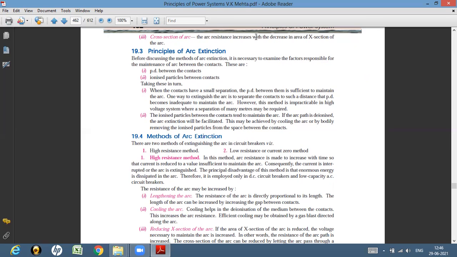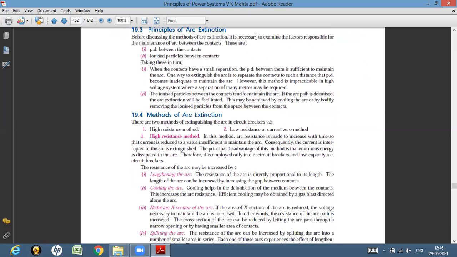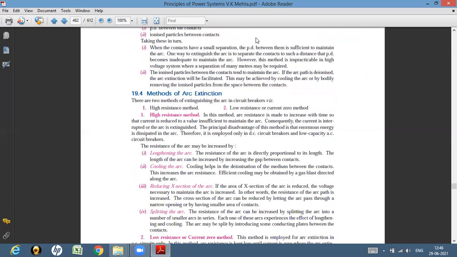Now how can you achieve this high resistance? There are basically four ways by which we can achieve the high resistance method. Number one is lengthening of the arc, that I already explained to you. Increase the length between the moving contact and the fixed contact.